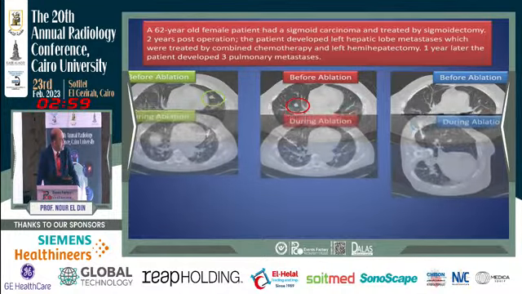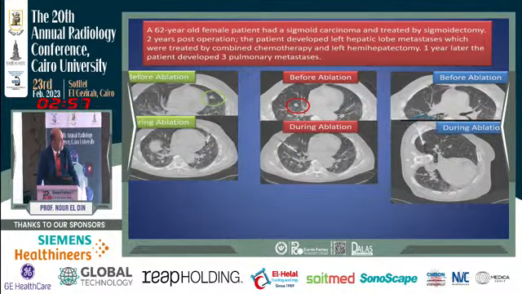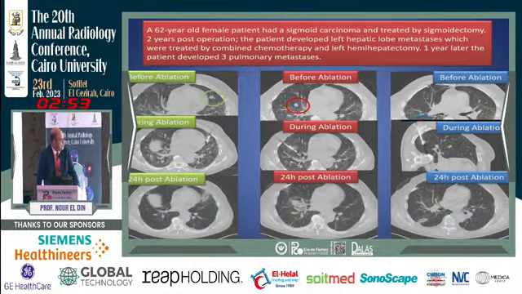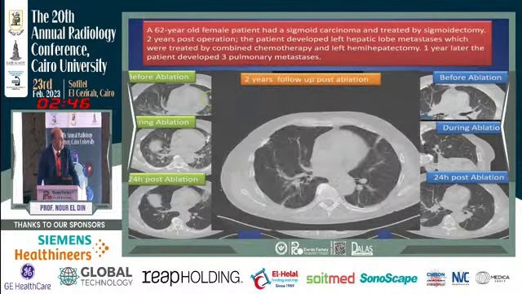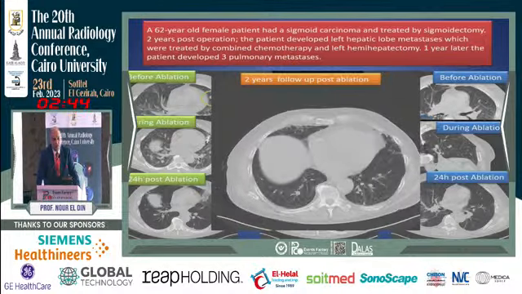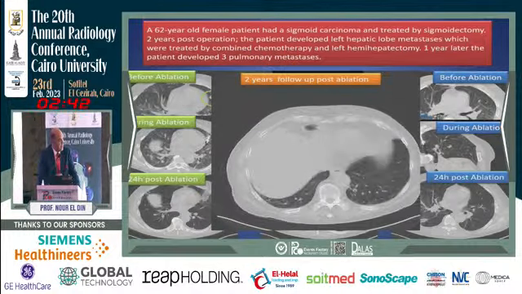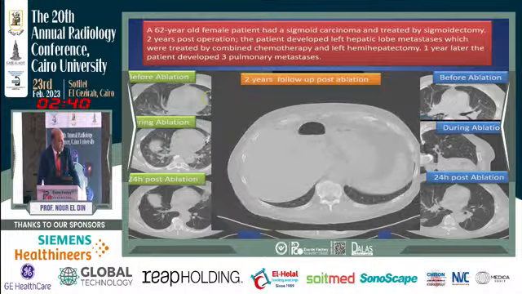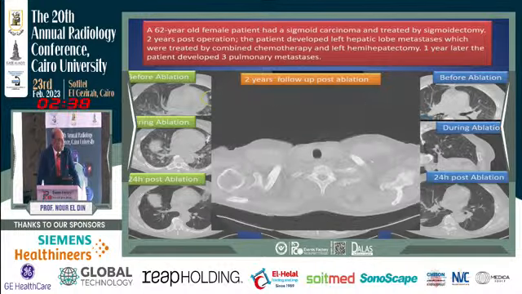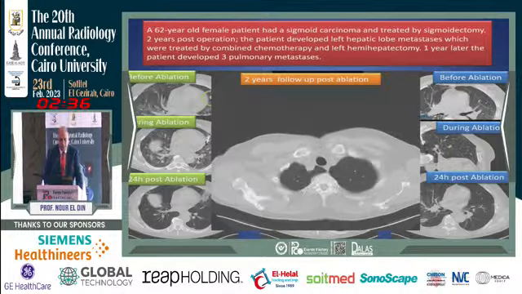And we did the ablation for all the 3 lesions at different sessions to avoid the incidence of complications bilaterally. Here, 24 hours post-ablation, showing the ground glass opacification at the ablation bed. And the patient was tumor-free for 2 years. And you can see in this animation, no evidence of tumor residual at the ablation zone.